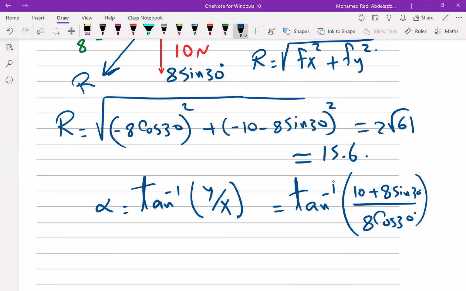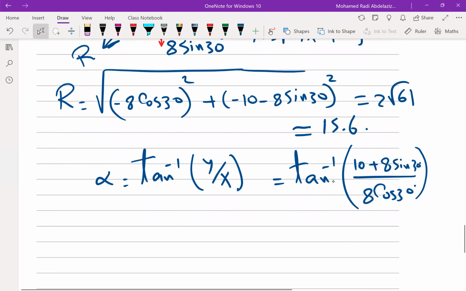After finding this angle, you can find the bearing. Shift tan of 10 plus 8 sine 30 divided by 8 cosine 30 equals.